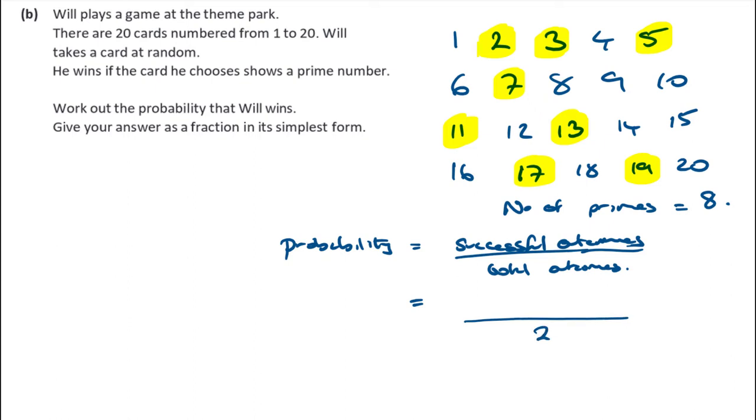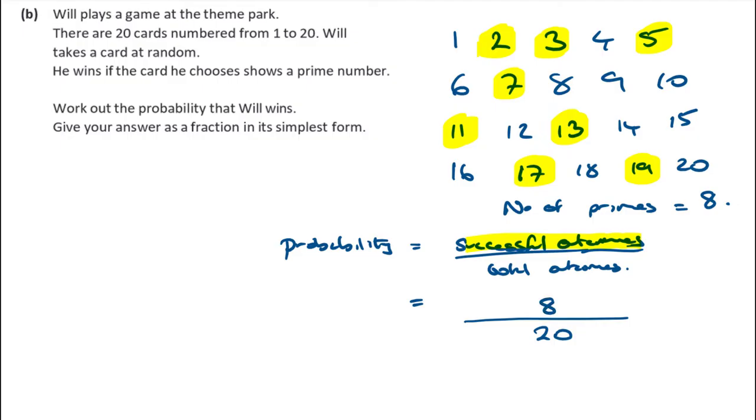So there are 20 different possible outcomes when you pick a card. It could be a 1, it could be a 2, it could be a 3, all the way up to 20. Now successful outcomes in this case is the prime numbers, isn't it? So how many primes were there? There were 8. So the probability then of picking a prime number and therefore winning the game is going to be 8 out of 20.